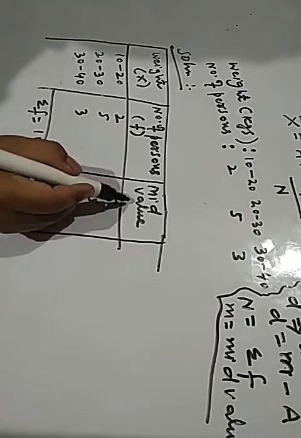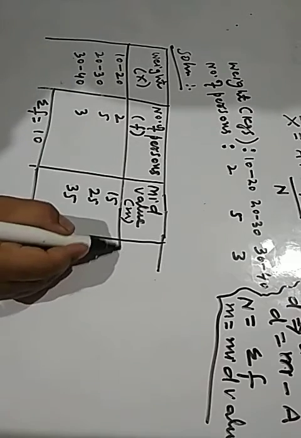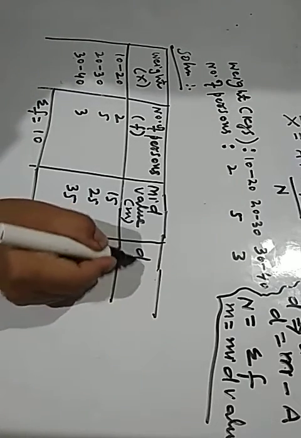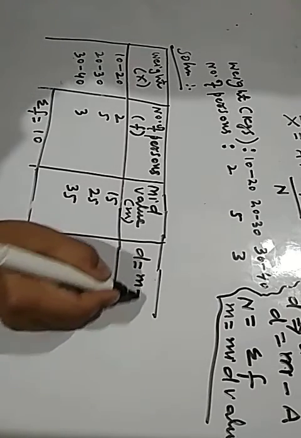This is the mid value denoted by m. Now d will be equal to, that is deviation, m minus a.